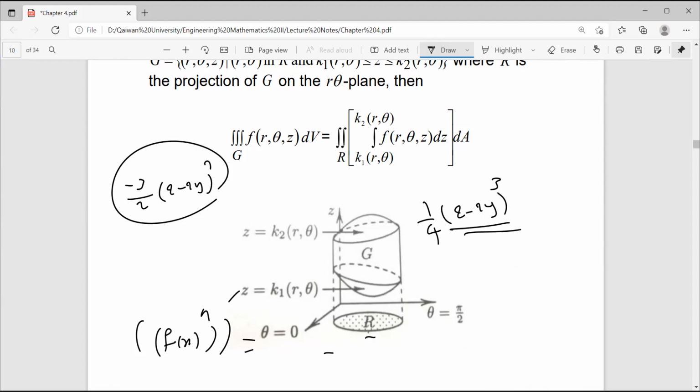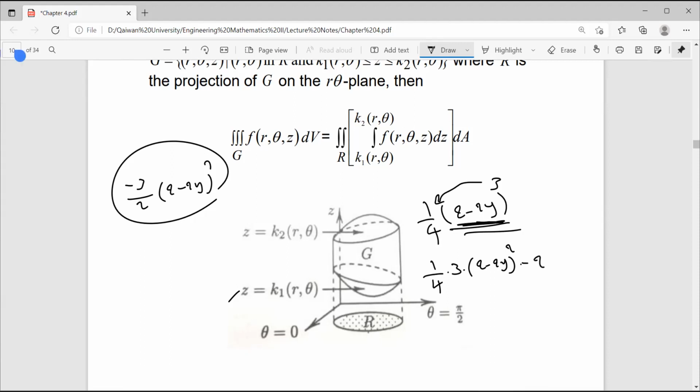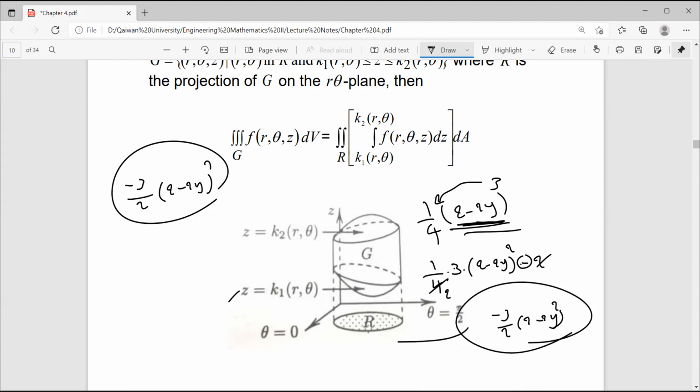We have 1/4 multiplied by, we bring the exponent down, which is 3, times, we reduce the exponent by 1, which is (2 minus 2y) to the power 2, multiplied by the derivative of the function here, which is minus 2. Look, these two are cancelled, it's 2. And here we have a negative sign. Multiplying by 3 is minus 3 over 2 times (2 minus 2y) squared. Look, we got this thing.